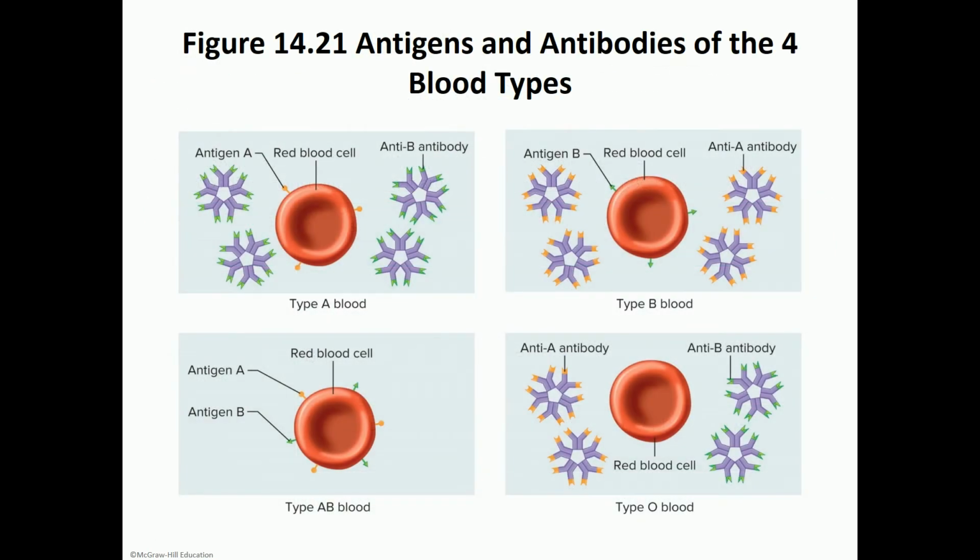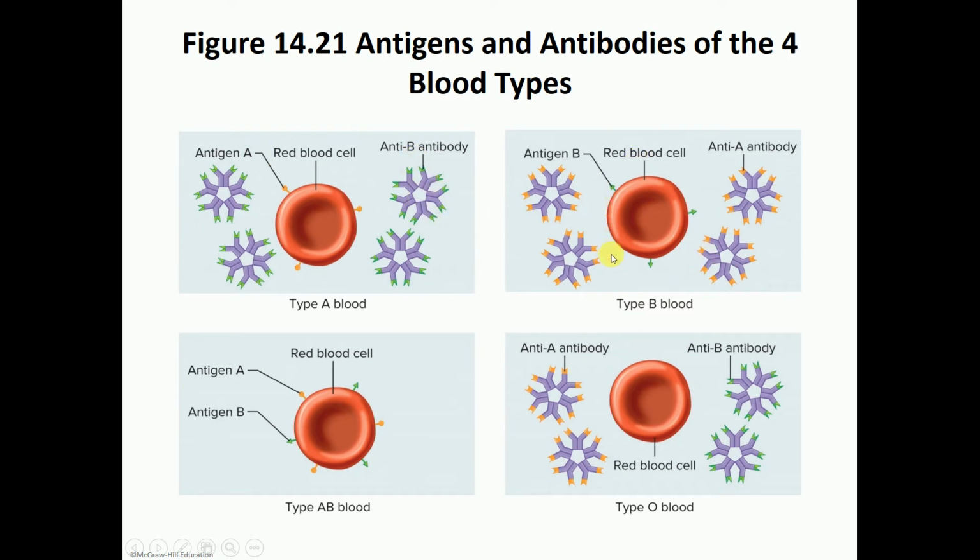And here you can see the different blood types again. The name depends on the type of antigen found on the surface of the red blood cell. So you see here antigen A, that makes this type A blood, and you can see the anti-B antibodies.